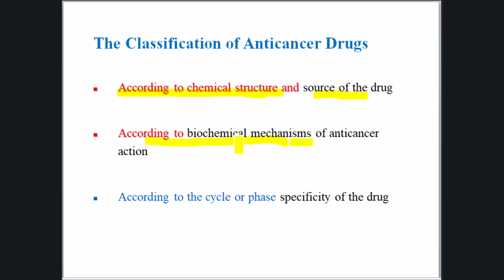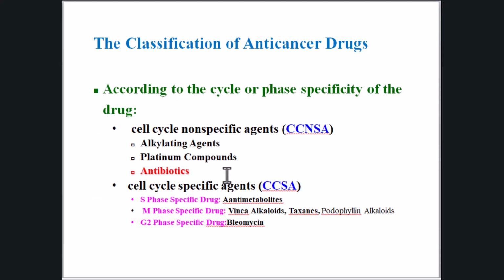And the other one is based on the phase of the cell cycle, as cell cycle specific and non-cell cycle specific, based on where it acts. So classification based on phase of the cell cycle: cell cycle non-specific medications, like alkylating agents, which are the most common, as well as antibiotics.